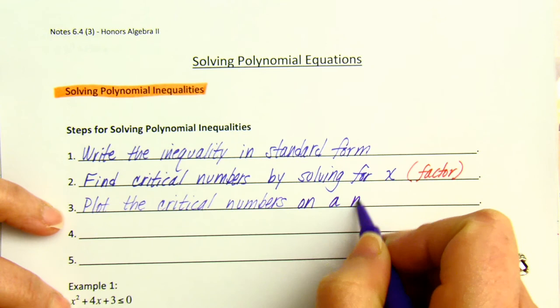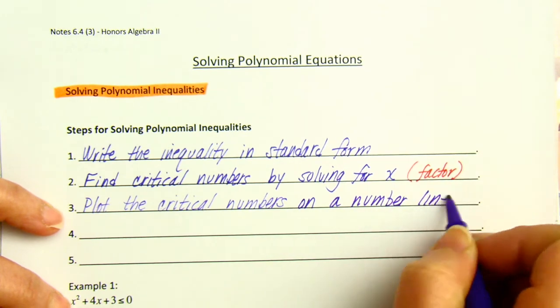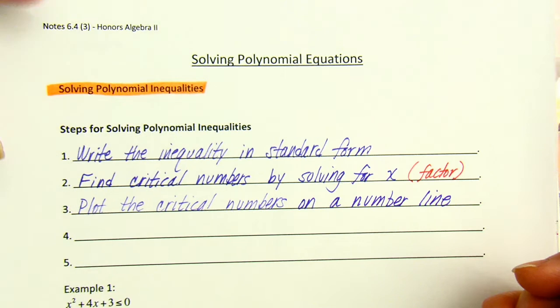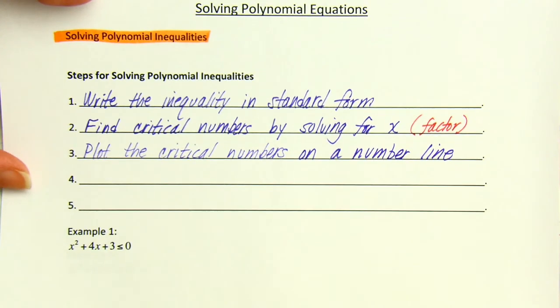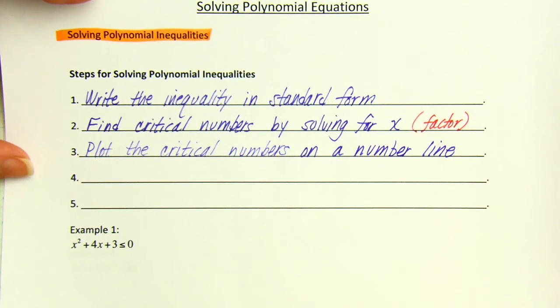And just like we did before, we're going to identify the test intervals, and then we have to test. We're going to do it using sign analysis, because we're going to have our polynomial factored anyway.